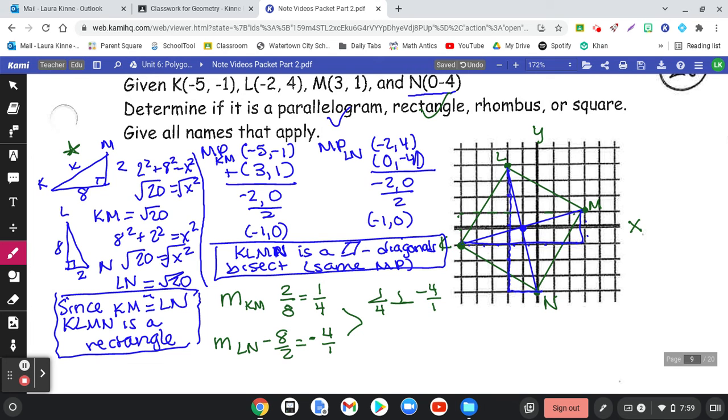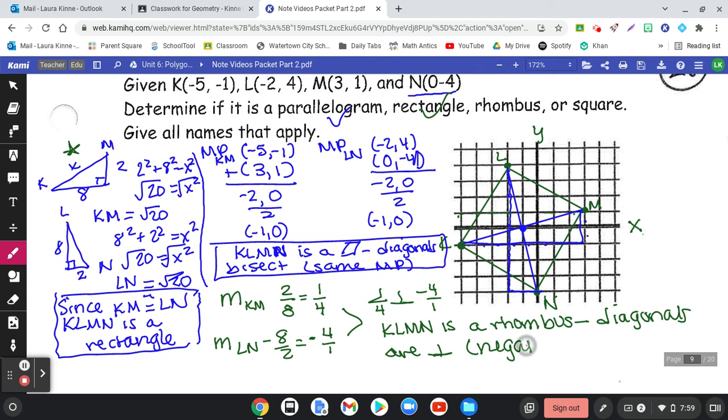So now you can say KLMN is a rhombus because diagonals are perpendicular. And again, just say that their slopes are negative reciprocals.